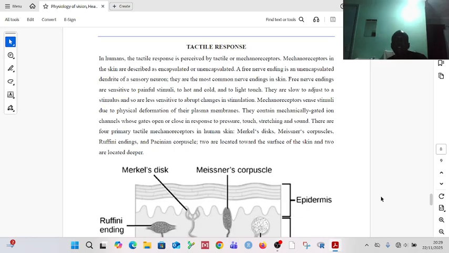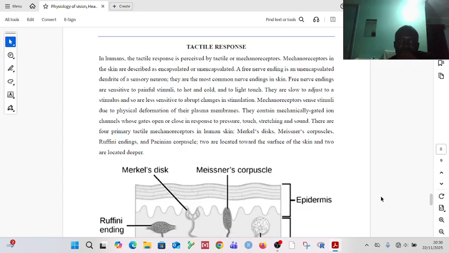Okay. So those receptors, the mechanoreceptors, which are found in the skin, can be described as either encapsulated or unencapsulated. If the nerve ending is free, then it is unencapsulated. Okay? And the unencapsulated mechanoreceptors are the most numerous. They are found in many parts of the skin.